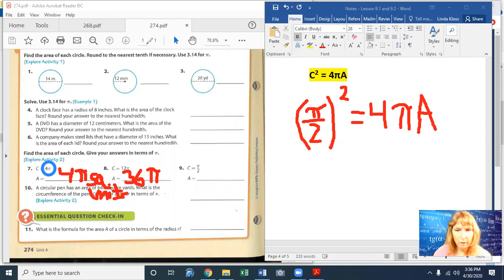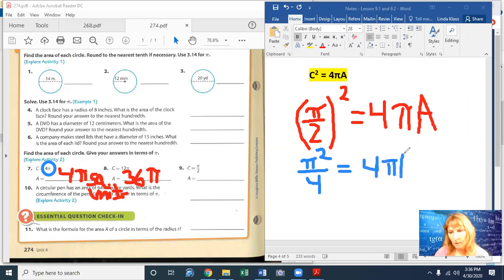How do we square pi over 2? Well, it becomes pi squared on top. And it becomes what on the bottom? 2 times 2, or 4, right? There you go. Equals 4 pi A, and now how do I get A by itself?